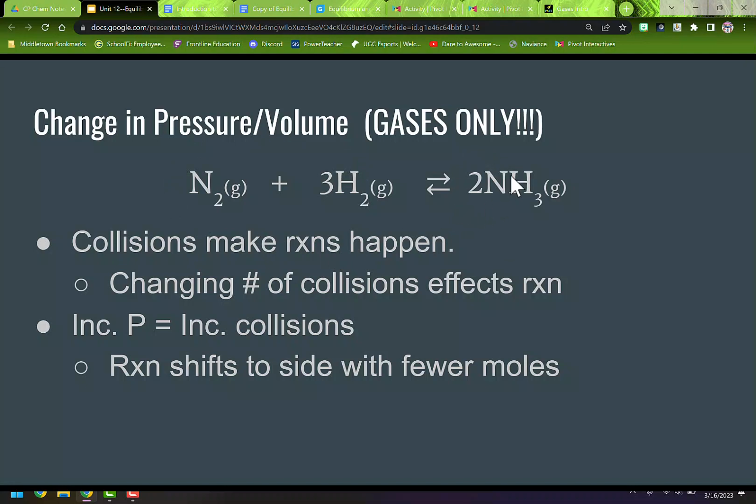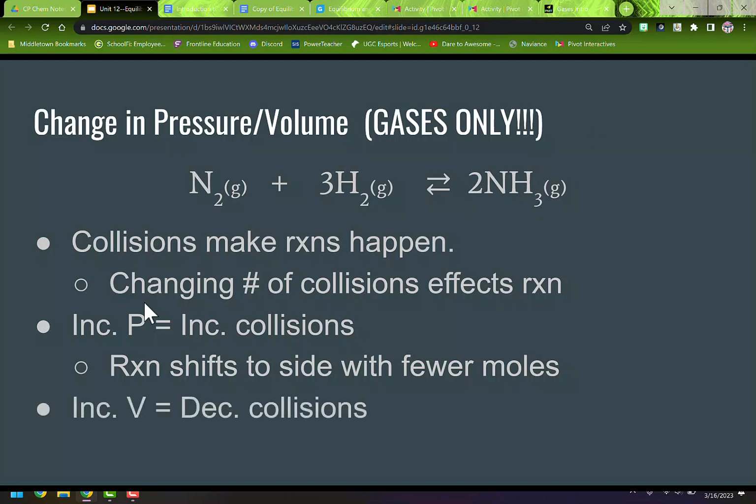On the right, I only have 2 moles of NH3. Therefore, if I increase the pressure, I will increase the number of collisions. The reaction will shift to reduce the number of collisions. Therefore, the reaction will shift to the right to reduce down the number of collisions. So in this case, my NH3 will go up and my N2 and H2 will go down.